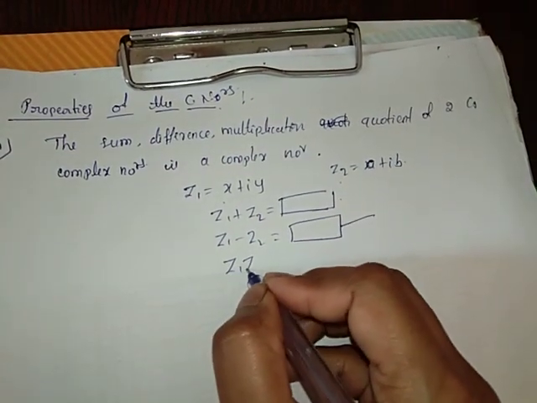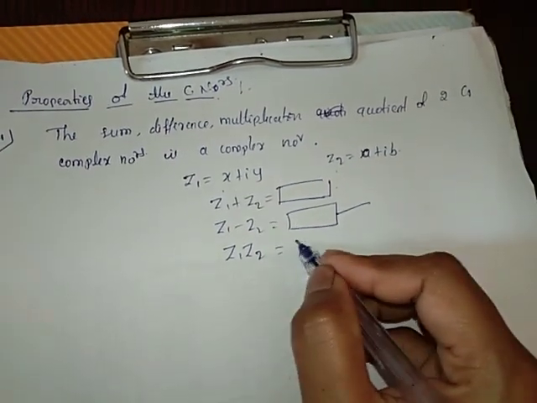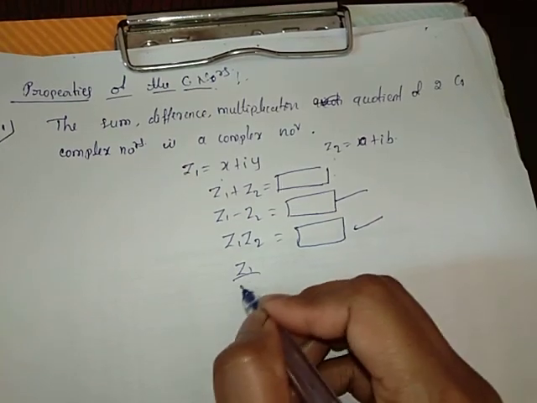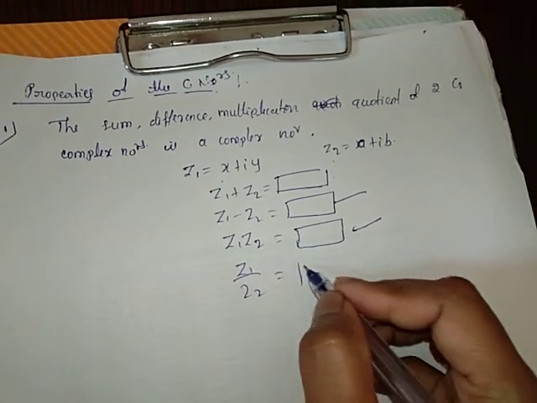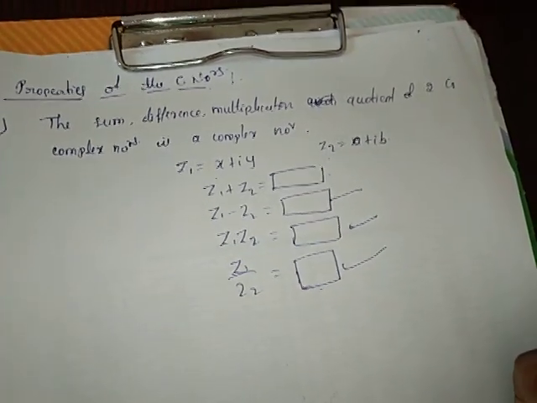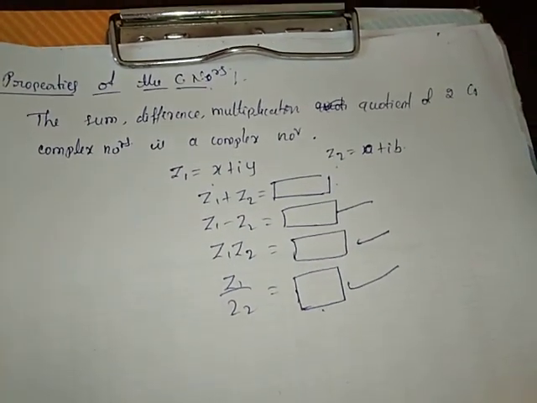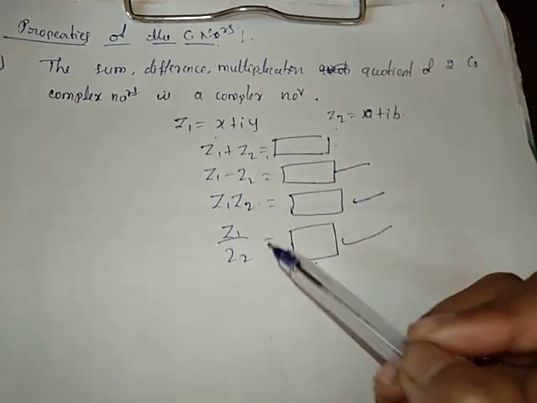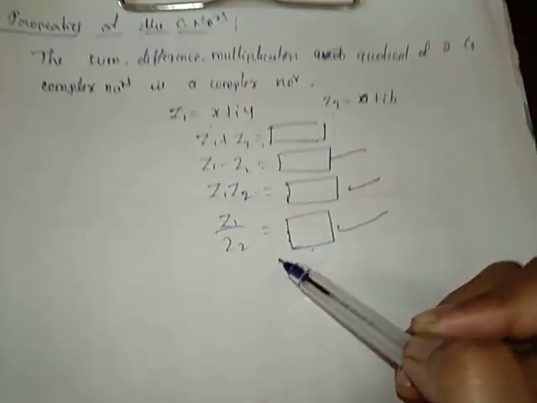If you take the multiplication of the two numbers, then the resultant number is also a complex number. If you take the quotient of the two complex numbers, then after simplification, the resultant value is also a complex number.